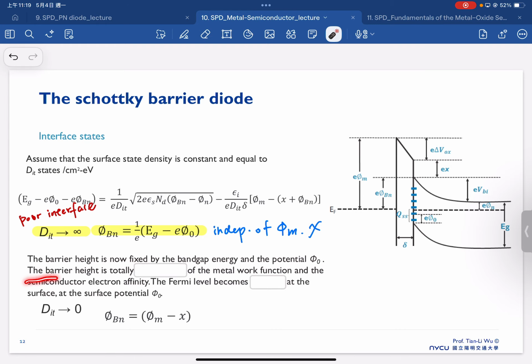And therefore the barrier height is totally independent of the metal work function and the semiconductor electron affinity. The Fermi level becomes pinned at this surface.